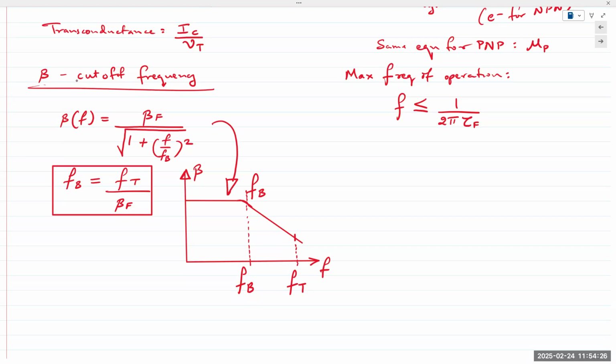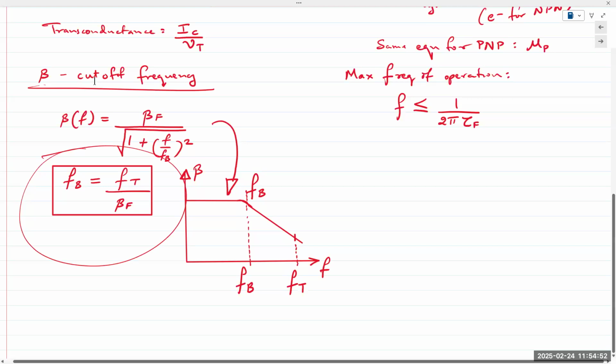Beta, the current gain as a function of frequency, is beta_F divided by the square root of 1 plus f over f_B, the whole square. So f is the variable, the unknown variable, right? f_B is the beta cutoff frequency, which you obtain from f_T over beta_F. Beta_F is simply the beta value that we obtain in the forward active mode.